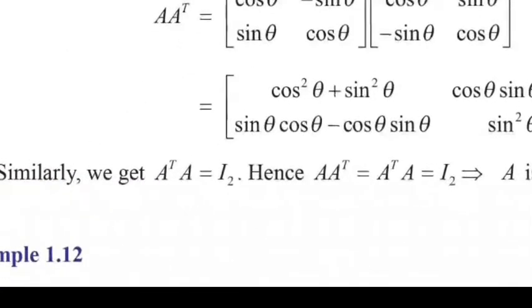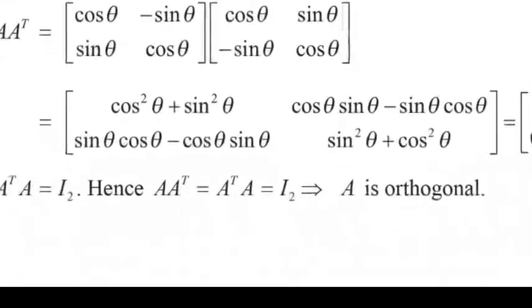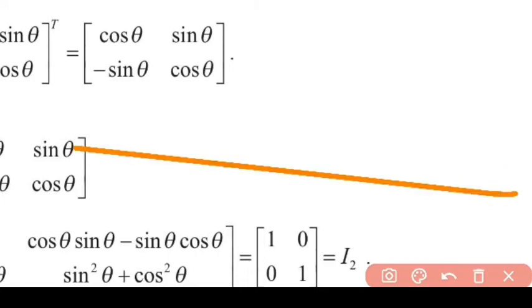Similarly, in the next step, do it yourself: A transpose into A. Multiply it and you get the unit matrix.